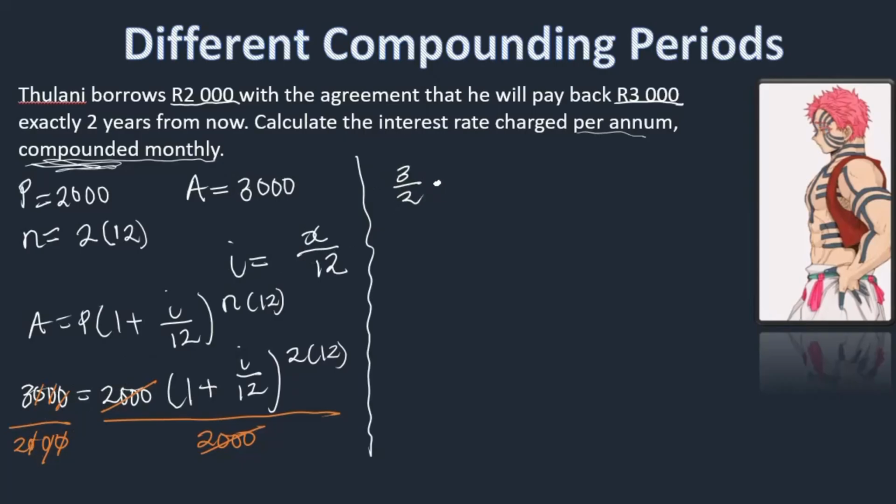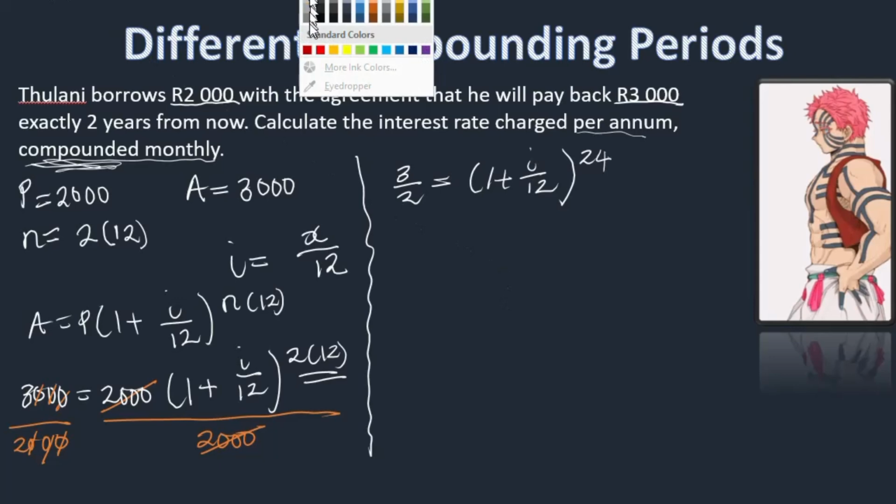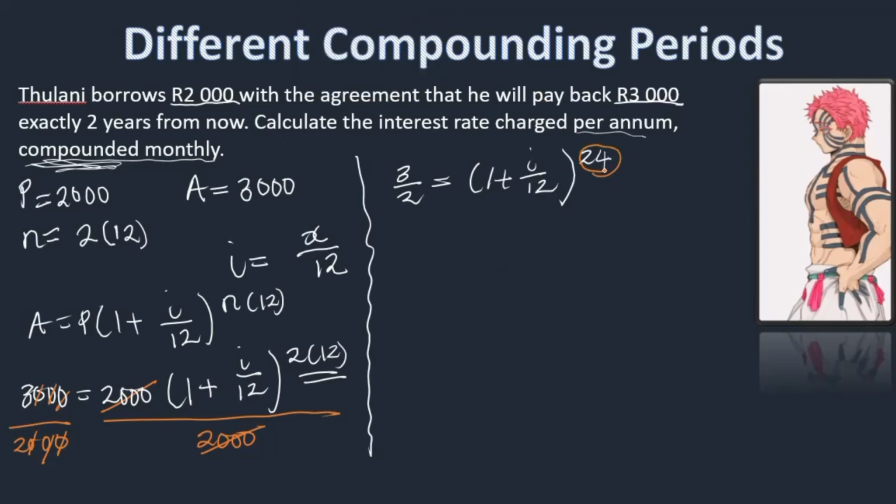Don't put it as a decimal. Put it as 3 over 2. This side, what am I left with? I'm left with 1 plus I over 12 raised to 12 times 2, which is 24. Which number is most removable here? Well, if you did your algebra well in term 1, you would know that the most removable number here is 24.